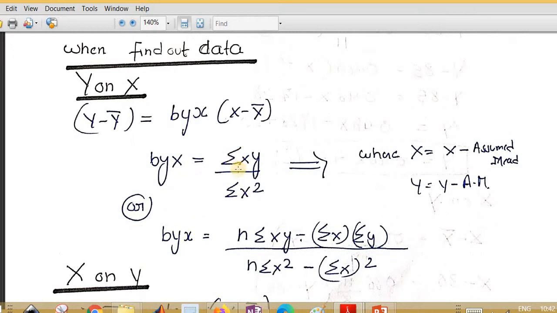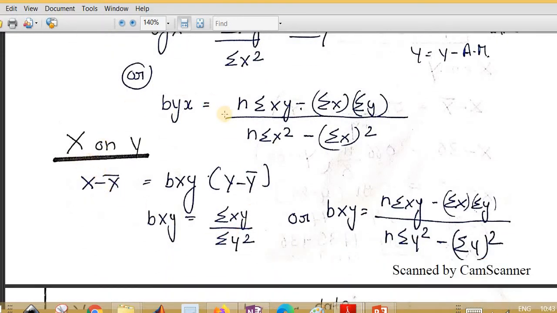Or we can say, if you expand this term, there is another formula, the expanded form of this one: byx equals n summation xy minus summation x times summation y, upon n summation x square minus the whole square of summation x. So this is the formula for byx, that is, how to compute the byx term.